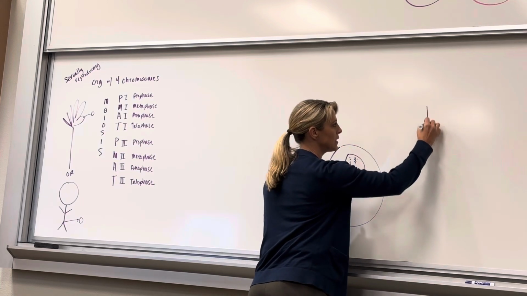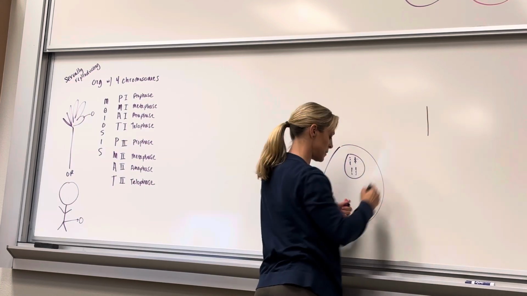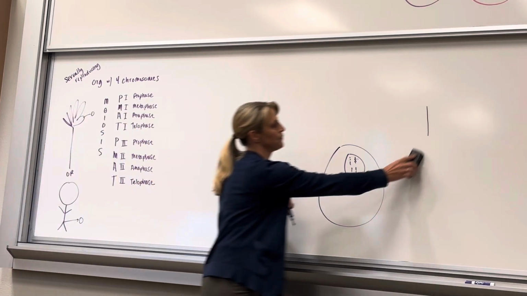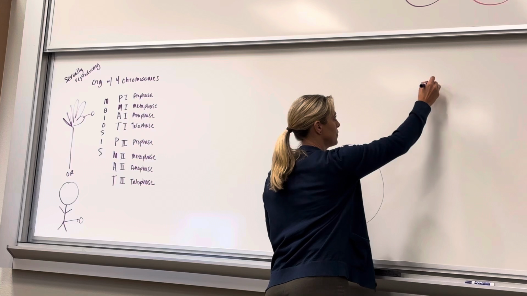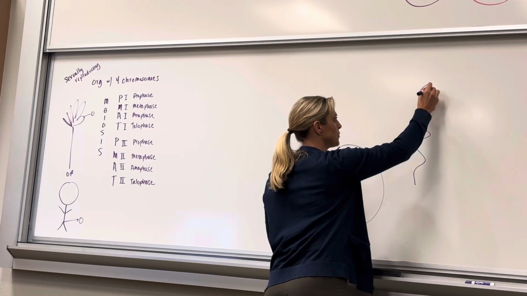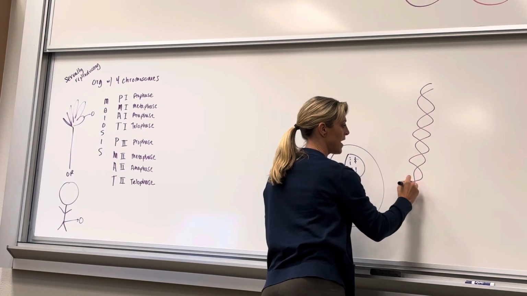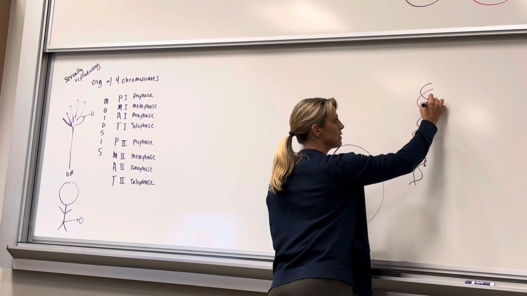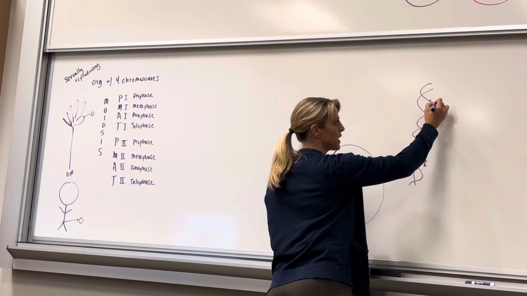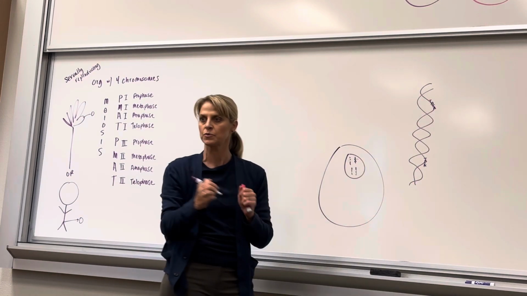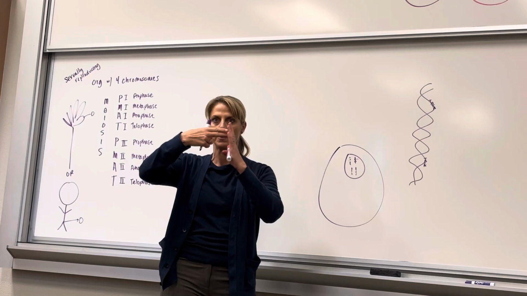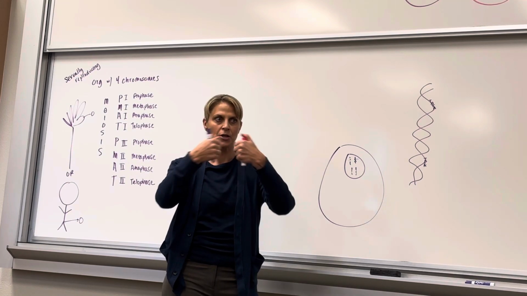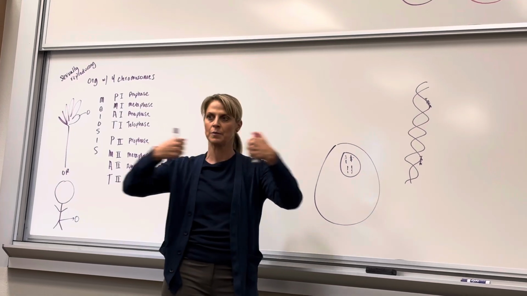If you zoom in on a chromosome, let me draw it double stranded so that it's not confusing. You have one chromosome, and it can have a TATA box here, which is just an origin of replication. It's a bunch of A's and T's together, because remember the A's and T's only have two bonds together, so they can break apart easier.